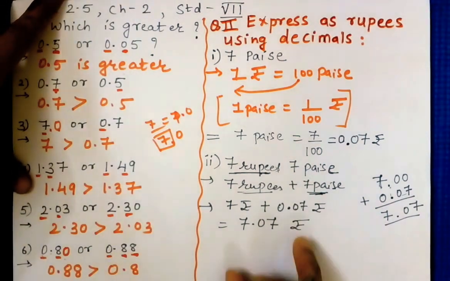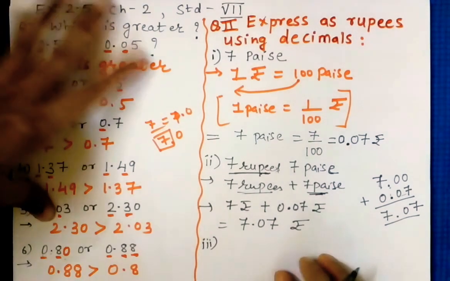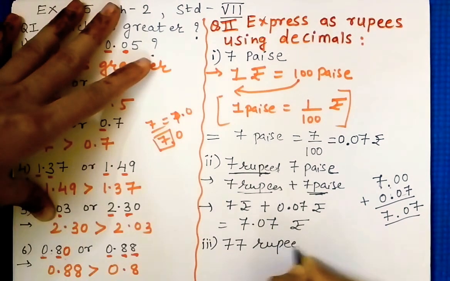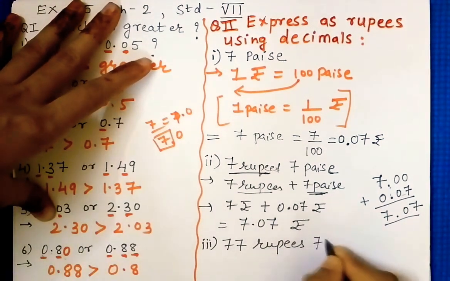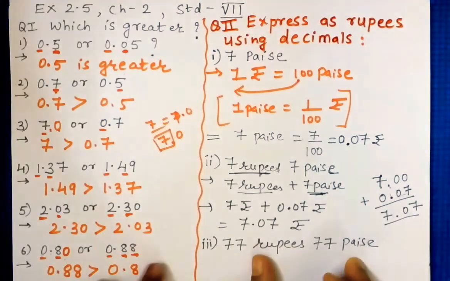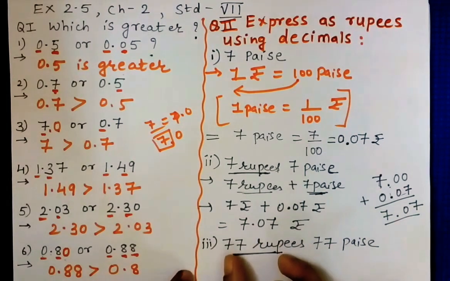So this was the second one. Now let us see the third part. Third question is 77 rupees 77 paise. Again, rupees and paise both are given to us. This is already in rupees, so we don't have to convert this.